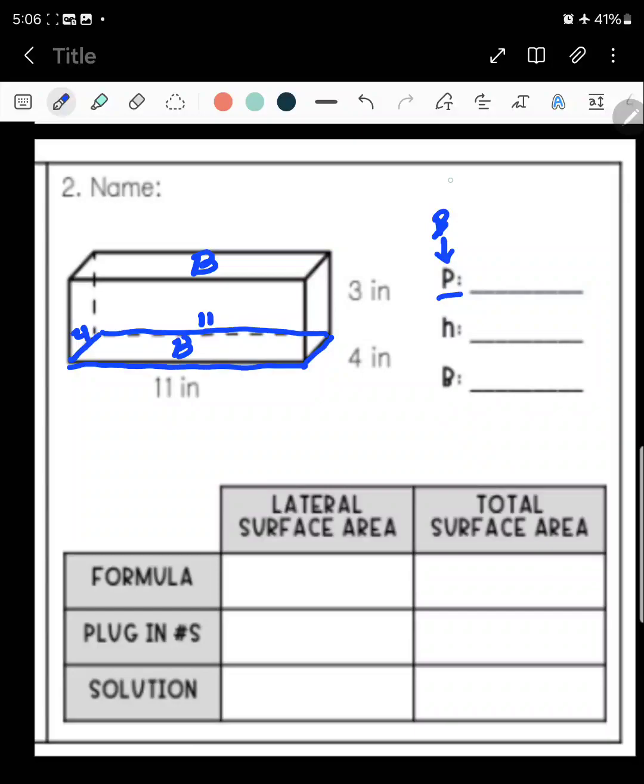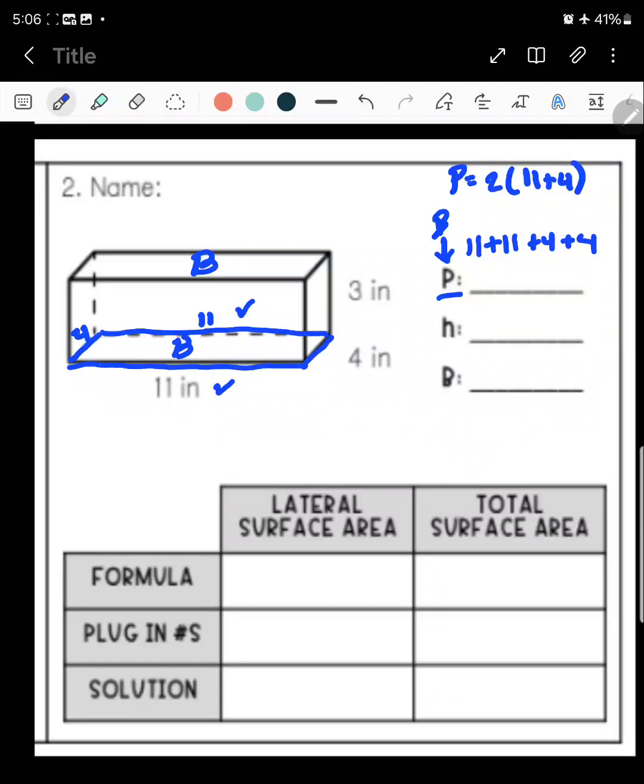So, perimeter, you can do this. Remember, you can do 2 times the length plus the width, or you can do 11 plus 11, because there's 2 of them, right here, and then plus 4 plus 4, whatever you want.